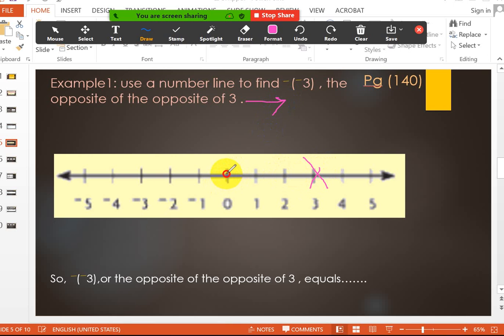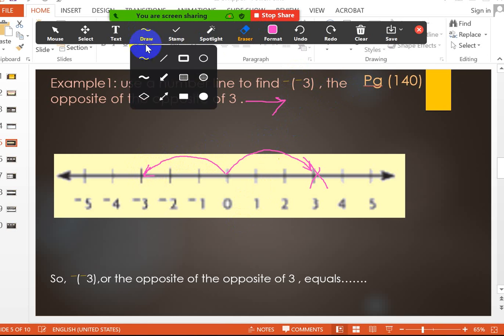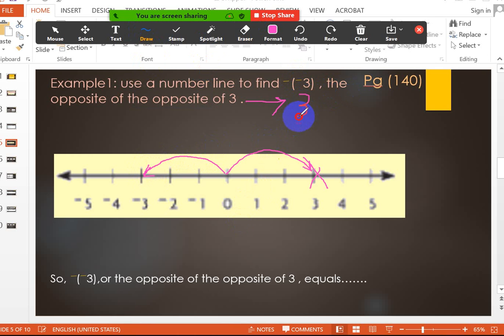This is 3. The opposite of 3 will be -3, right? The same distance from 0. What about the opposite of the opposite? This is -3. The opposite of the opposite means I want to take this opposite and then find the opposite of this number.